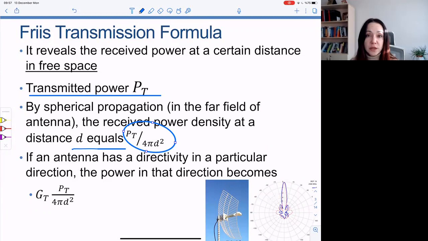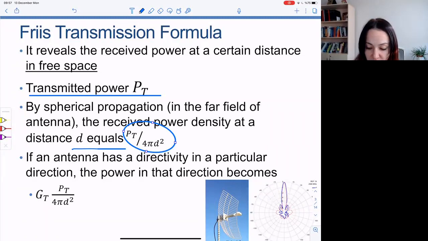Of course, transmitting in an omnidirectional manner like this may not be ideal to maximize the SNR at the receiver. So many communication systems contain directional antennas.